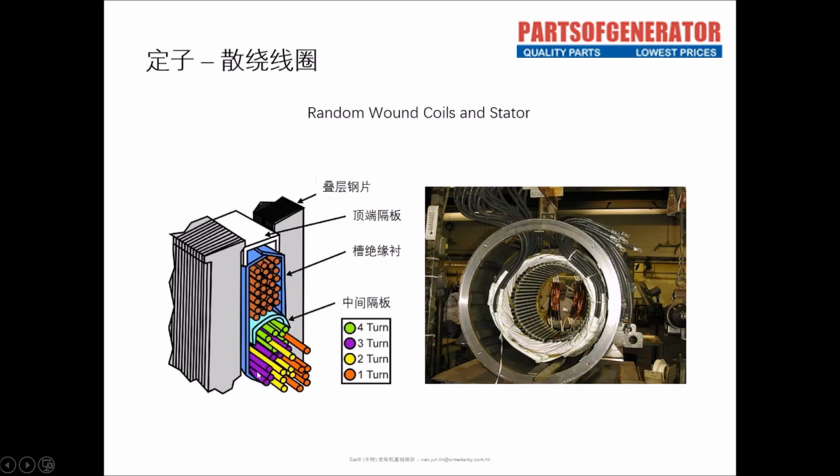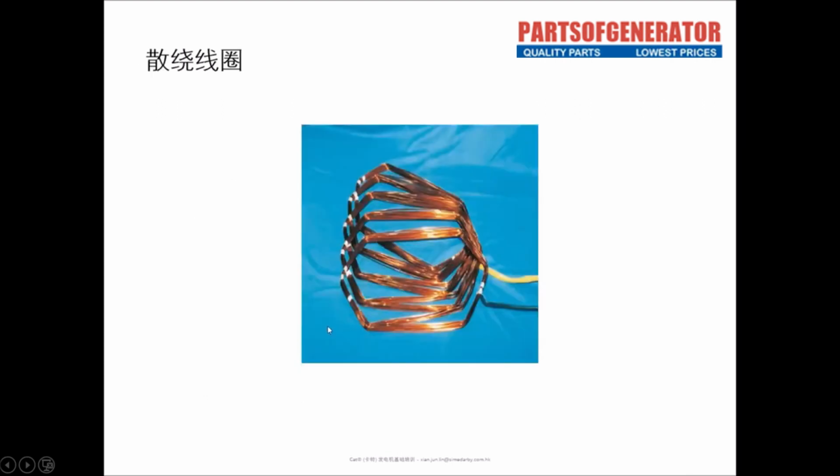For example, let's look at the set of coils below. This set of coils has a total of 4 turns. For example, the fourth green turn, we will find that it is composed of many small strands, which is what we usually see.